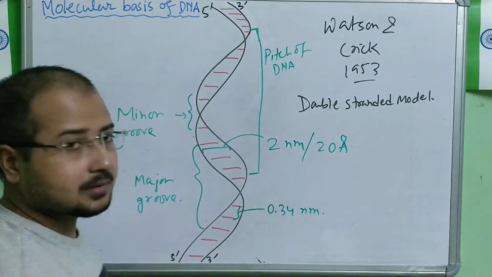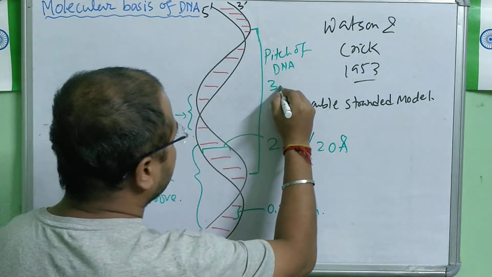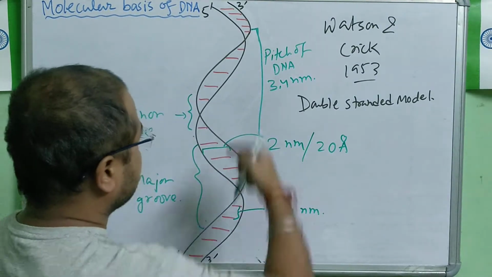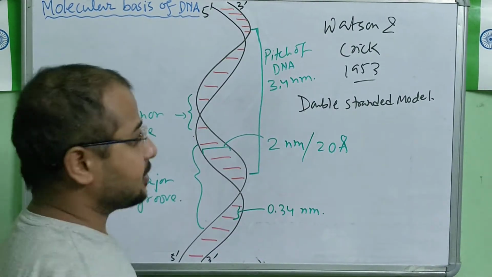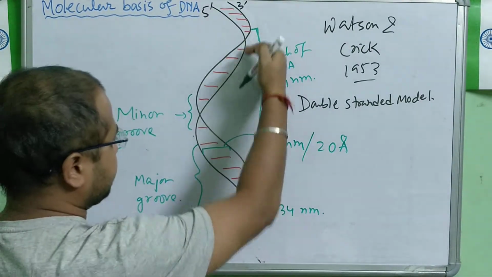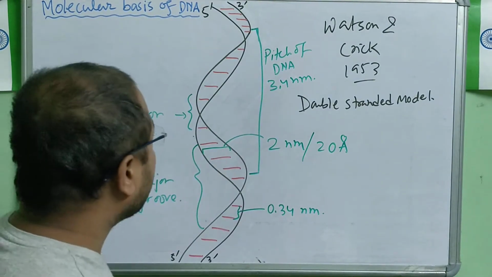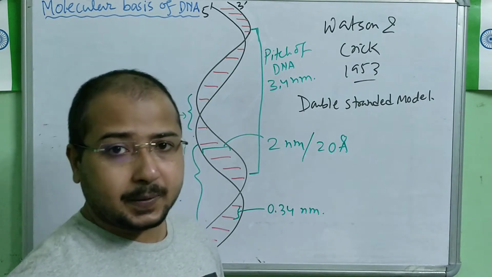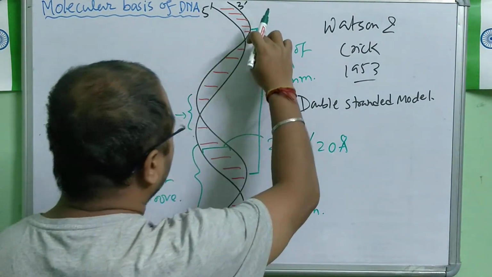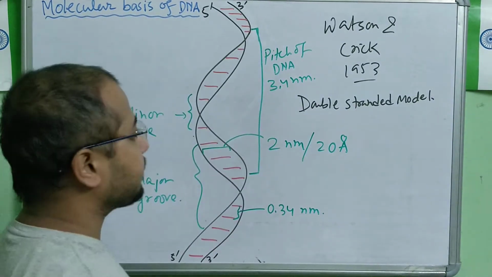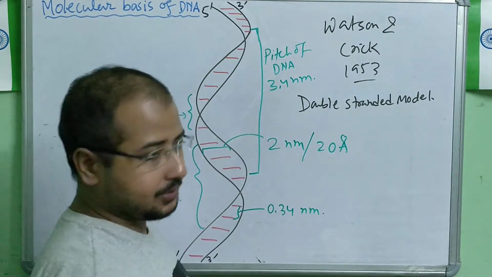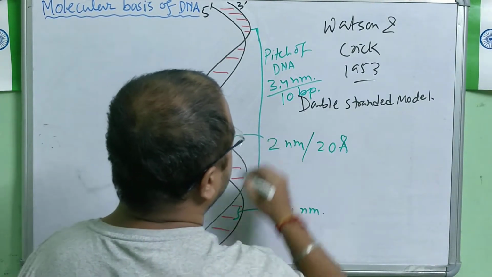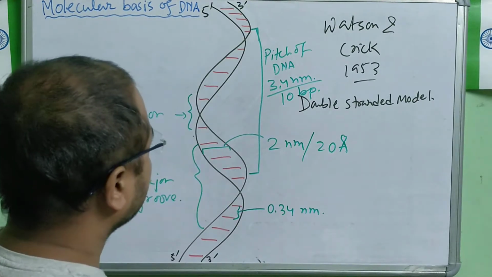And what is the distance of the pitch? It is 3.4 nanometer. The pitch of the DNA, if it is asked, is 3.4 nanometer, the distance of one turn. Now, in this one turn of the DNA strand, how many base pairs are there? Remember, in this one turn, meaning in one pitch of DNA, there are 10 base pairs.